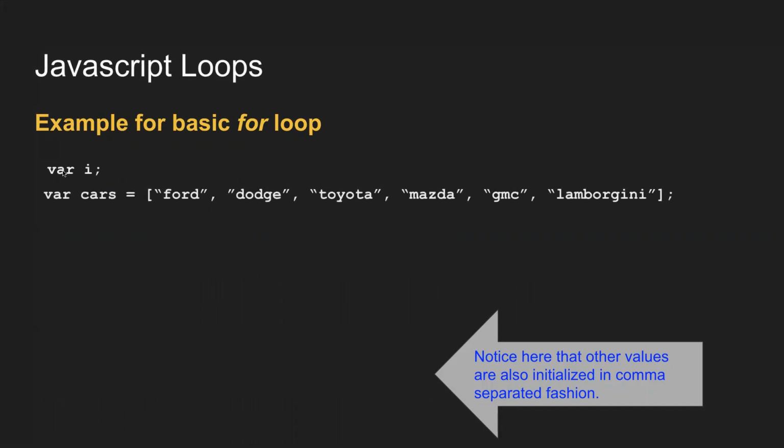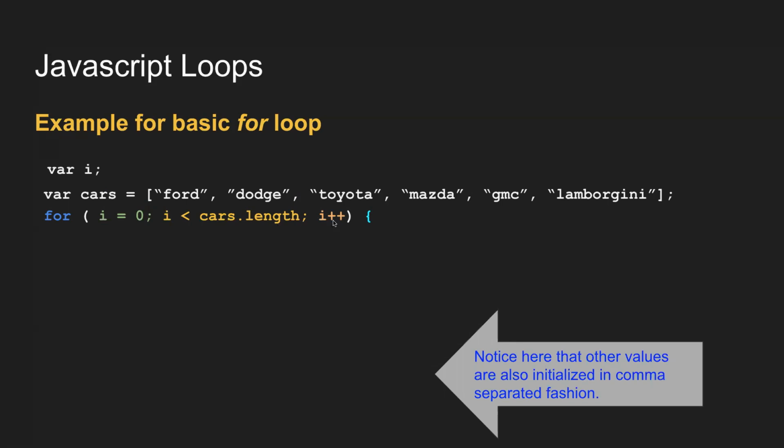We declare a var i, and we have this array: Ford, Dodge, Toyota, Mazda, GMC, Lamborghini, all right? And then we have a for loop. In our for loop, the initial statement is that i is going to equal 0. Statement 2, the conditional logic, says do this every time while i is less than the length of cars, which is the number of cars up here.